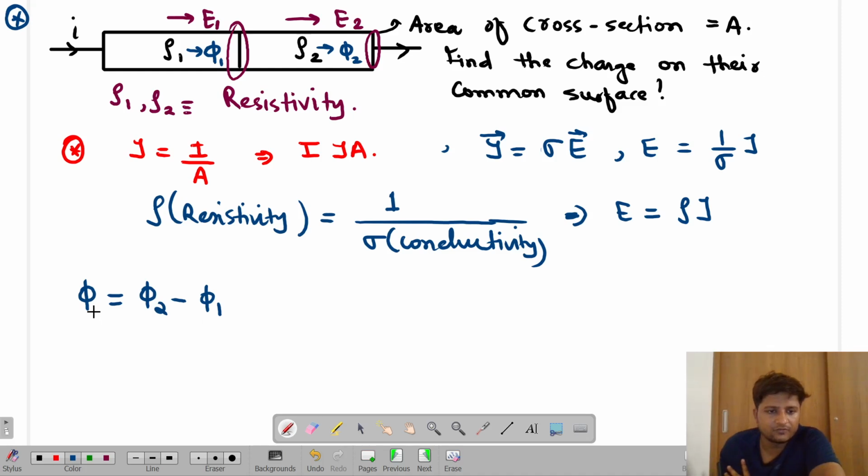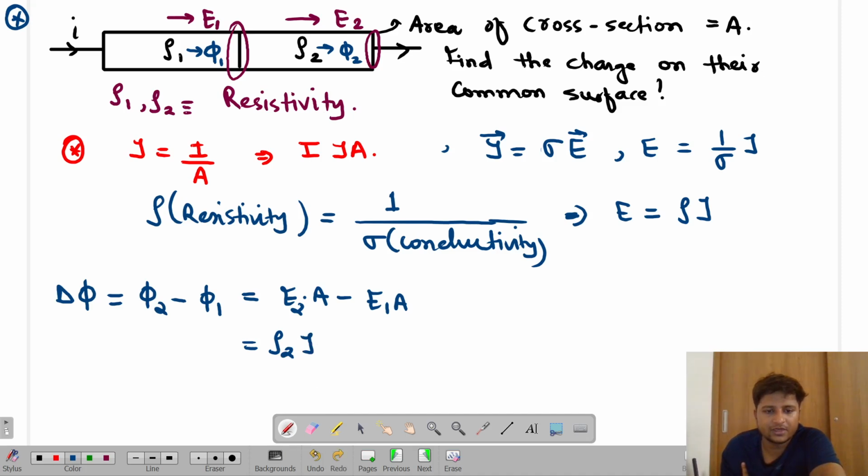So the flux present on the surface is delta phi, which is phi 2 minus phi 1. What is the formula of phi? E dot dS means E into area A: E2 into area A minus E1 into area A. So E2 is rho 2 into J. Current density will remain the same because the area of cross section is the same.